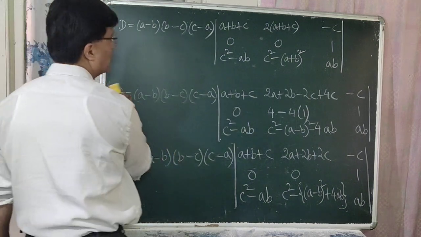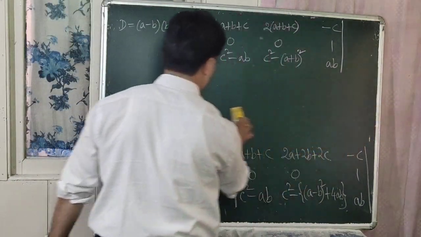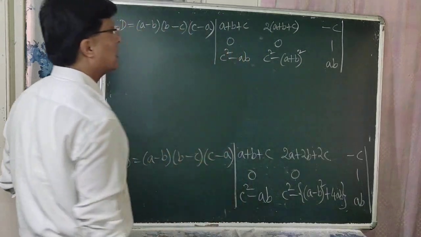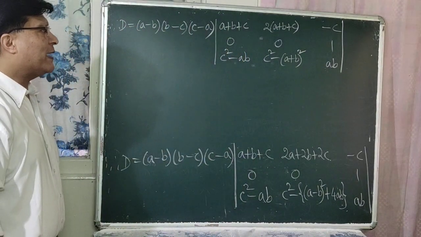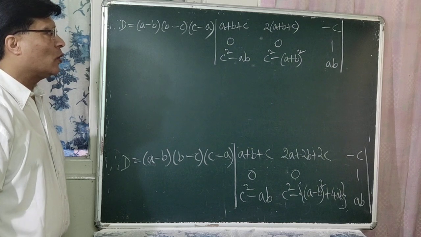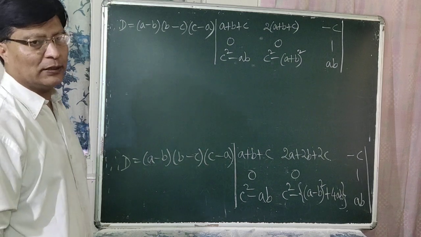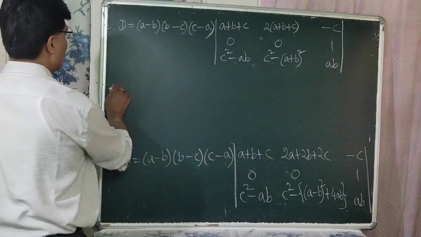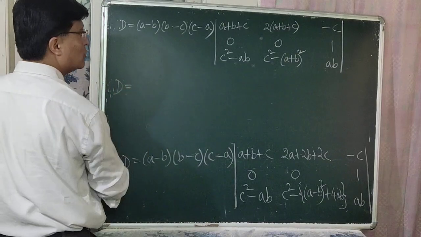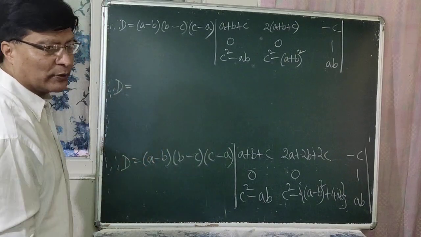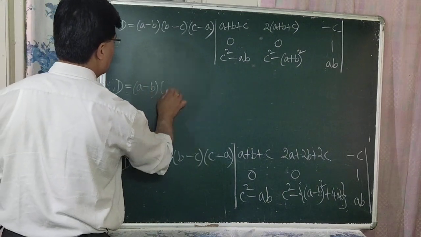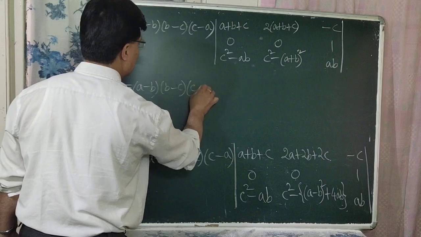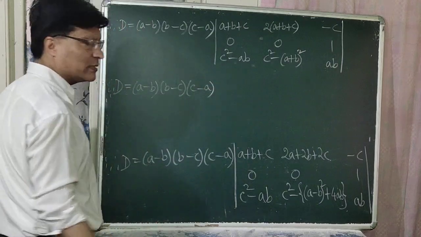Understood? So now let us simplify it again. Now let us expand it with respect to the second row. Therefore, D is equal to a minus b into b minus c into c minus a, right?